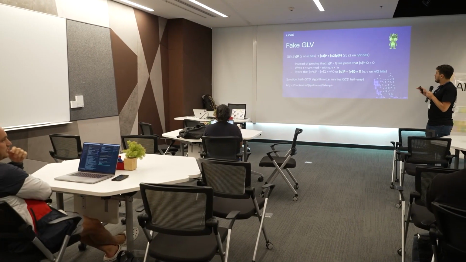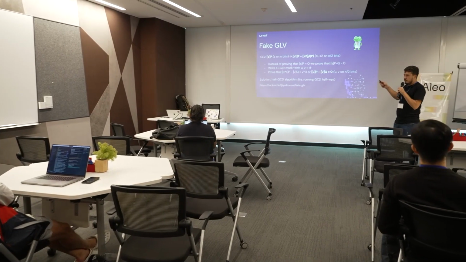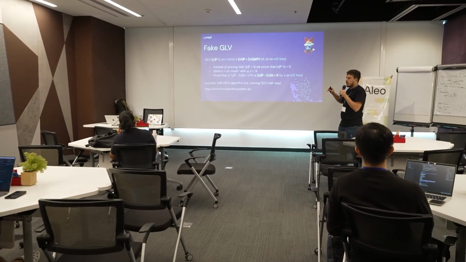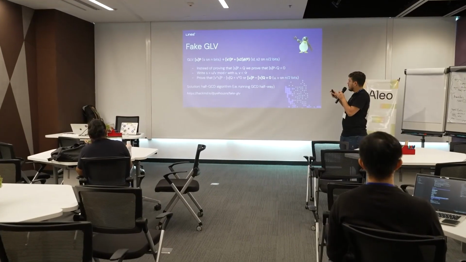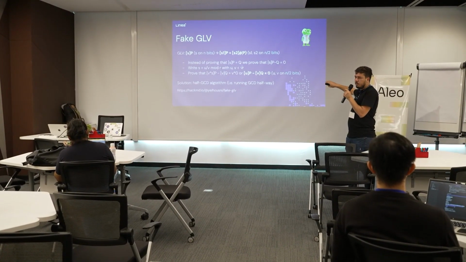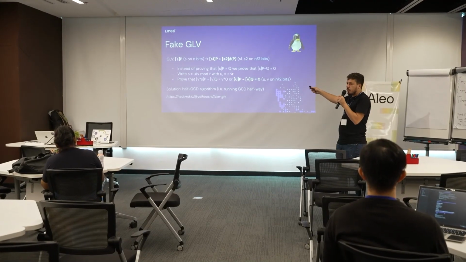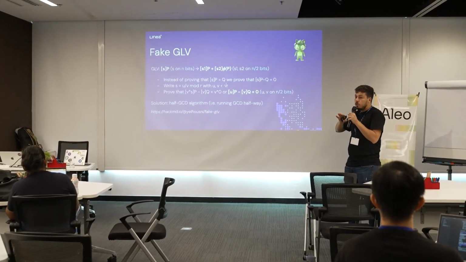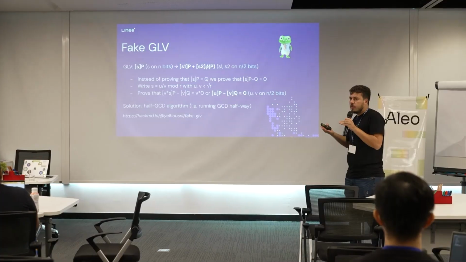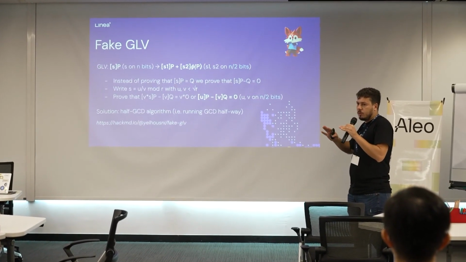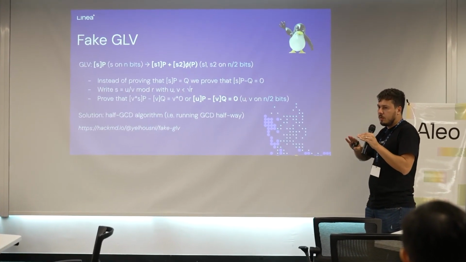So yeah, there are 2 things. We do the division, but in circuit we don't do the division, because in circuits what you can do is you do the division outside. So you write s as s1 plus lambda s2, and in circuit you just check that s is equal to s1 plus lambda s2. So this computation is not expensive.